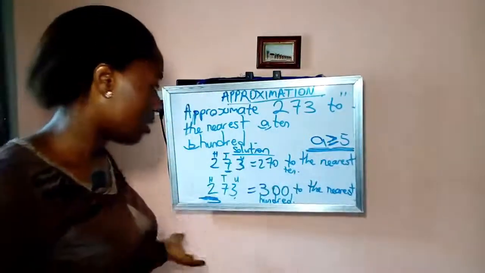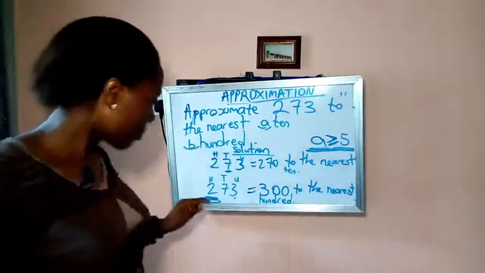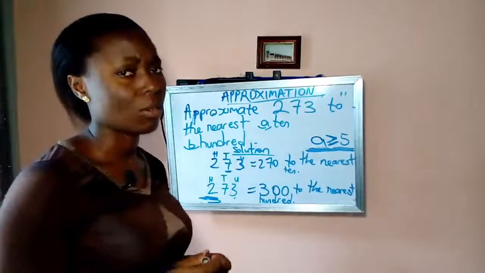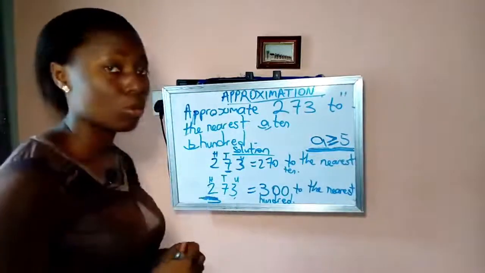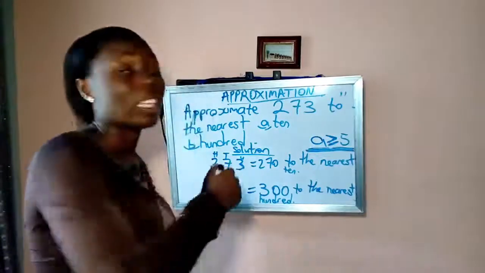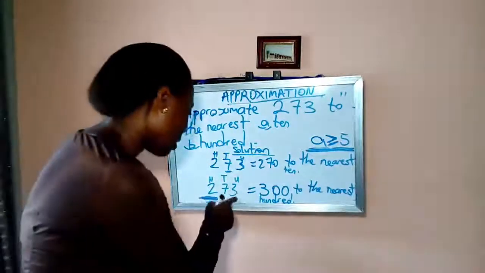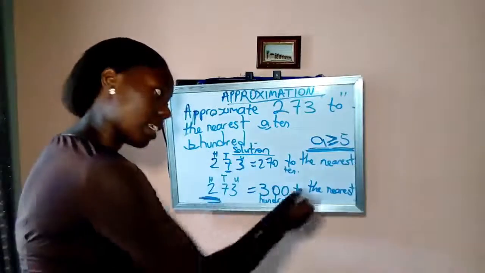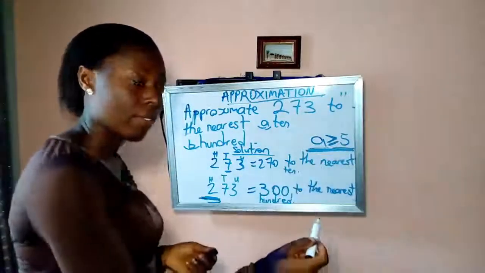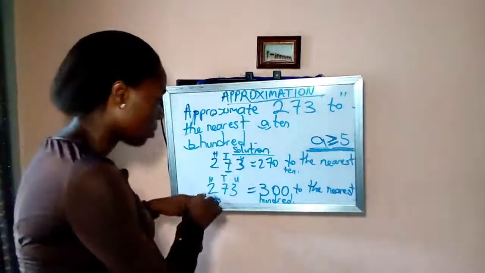Now for the 100, the next question says round this to the nearest 100. Again, we check what number is in the 100 position. It is this 2. Then we pay attention to the next number after it. The next number is 7. It's greater than 5, so we round up by 1 and add it to this 2.